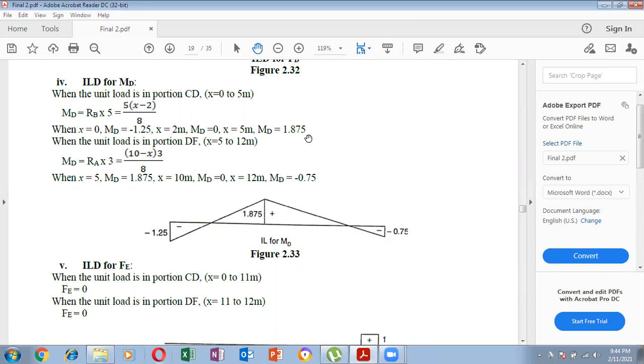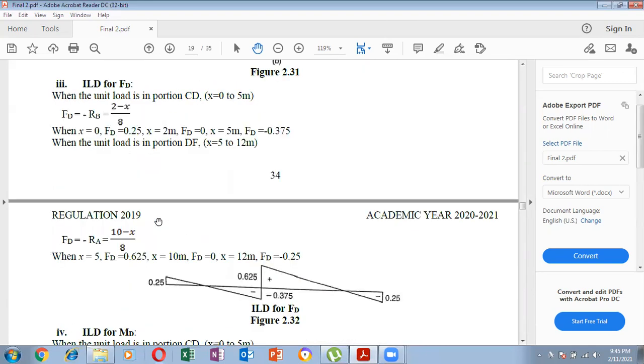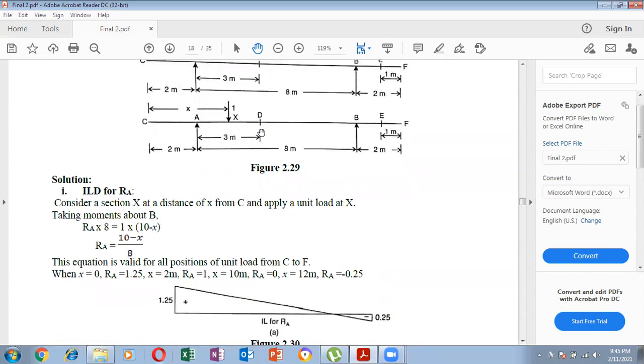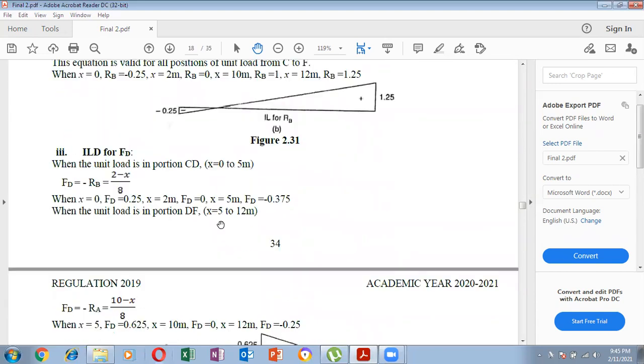So moving on to the second loading position, the load is placed between D to F, that is 5 to 12 meter. So MD is equal to, check, so the load will be here. It is difficult to consider these sides, so let us consider the left hand side. It will be RA into 3.